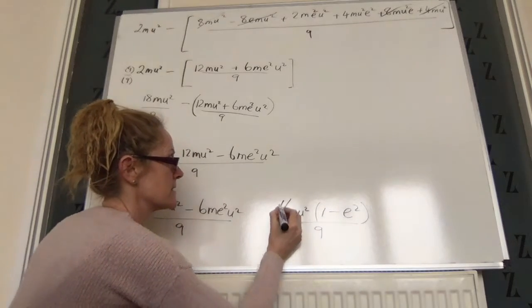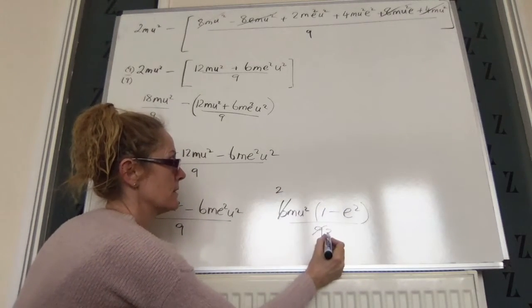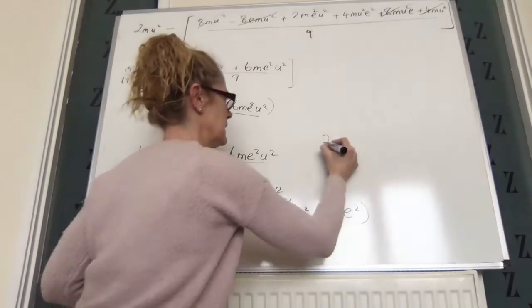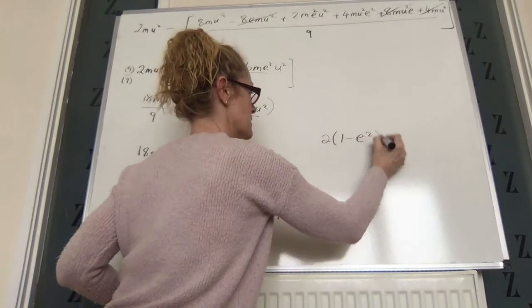Then divide the 6 by 3 to get 2 and the 9 by 3 to get 3. So the answer is 2mu squared times 1 minus e squared over 3.